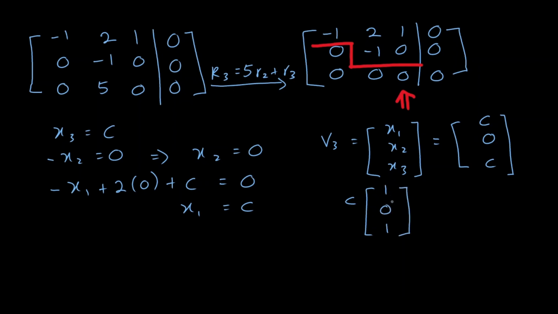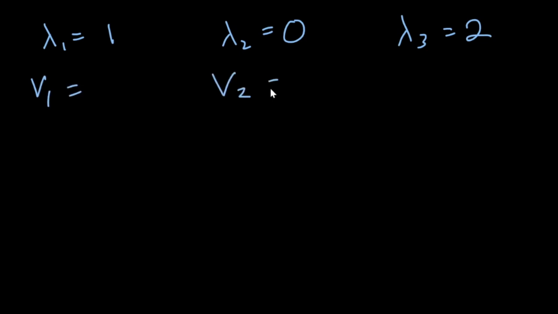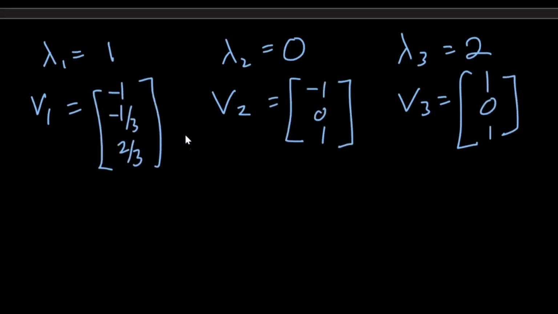Since the magnitude of each element is less than or equal to 1, we take c to be equals to 1 and V3 would be 1, 0, 1. We could rewrite the whole thing. Lambda 1 is 1, lambda 2 is 0, lambda 3 is 2, V1, V2, V3, 0, 1. So these are our final answers.